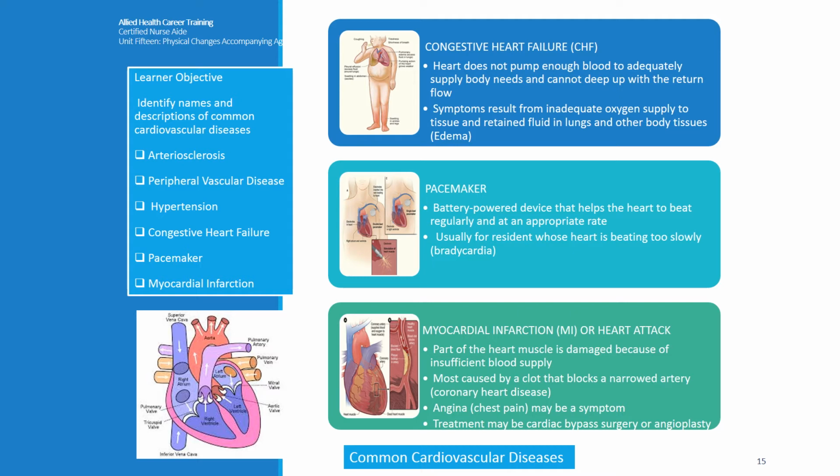So, a pacemaker. I think most everybody's heard of a pacemaker. But this is a battery powered device that helps the heart to beat regularly and at an appropriate rate. So, we've already kind of talked about the irregularities of the heart rate and rhythm. So, if you have that bradycardia, a lot of times, this will be handy with a pacemaker.